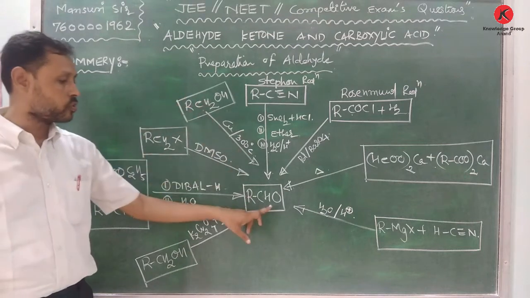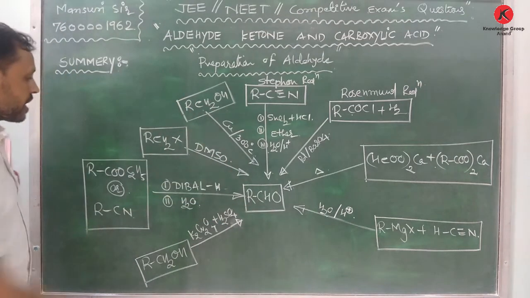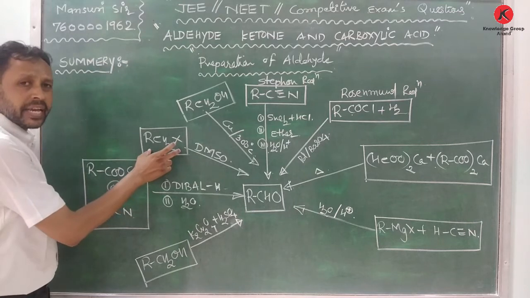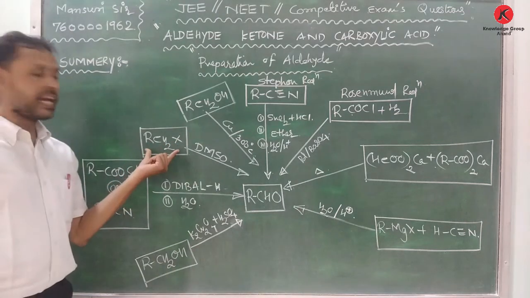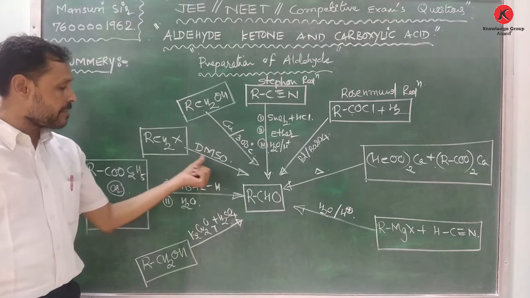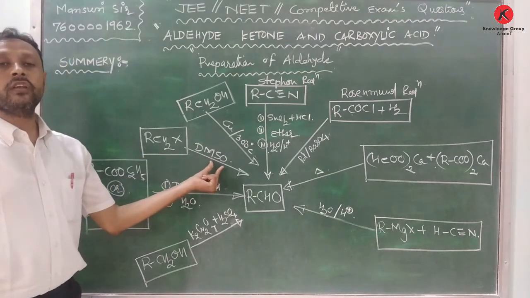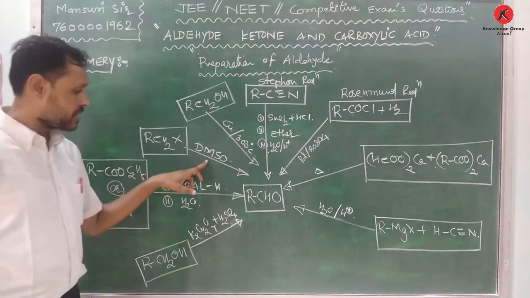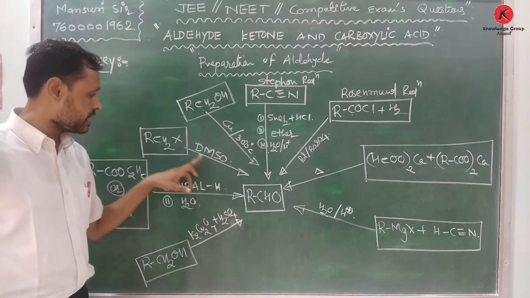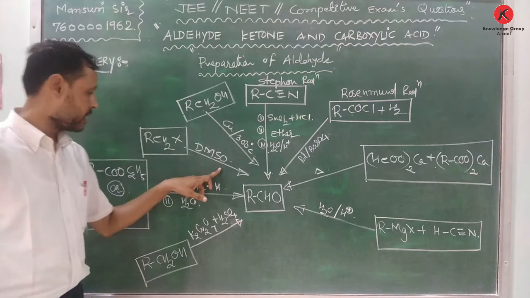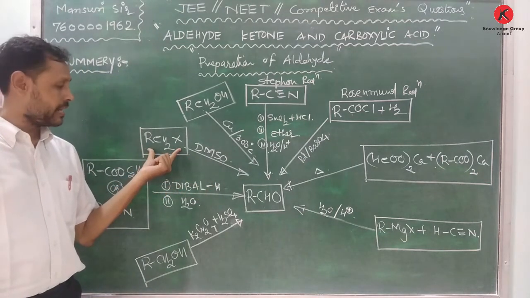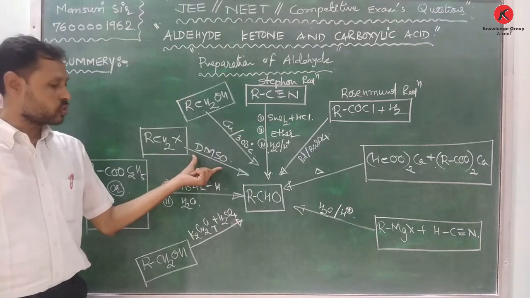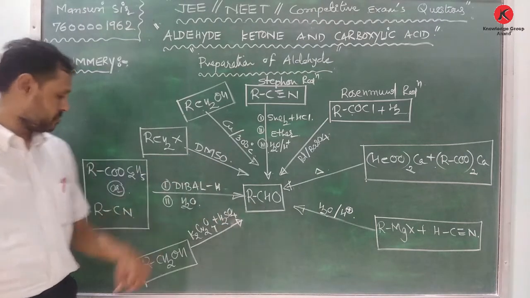is converted to aldehyde. Thereafter primary halide, RCH2X. Primary halide when reacts with dimethyl sulfoxide, this is DMSO, when primary alkyl halide reacts with DMSO, then it forms aldehyde.